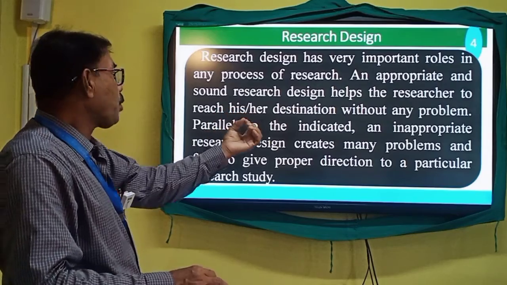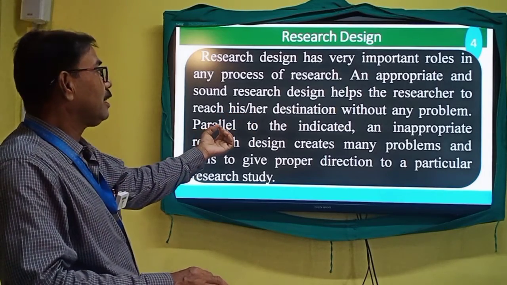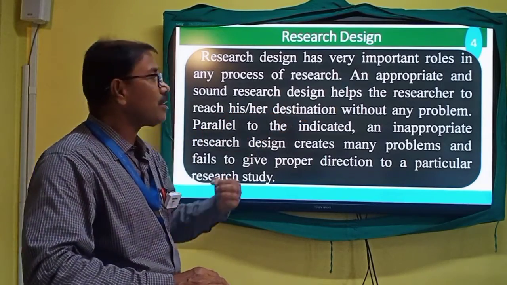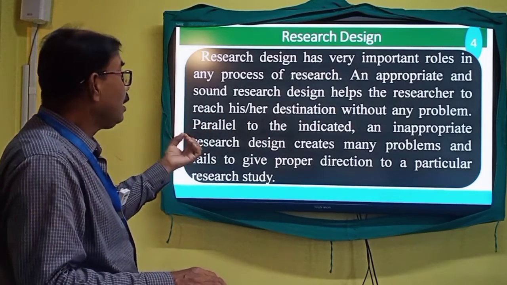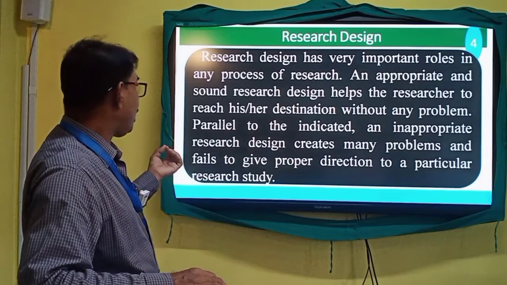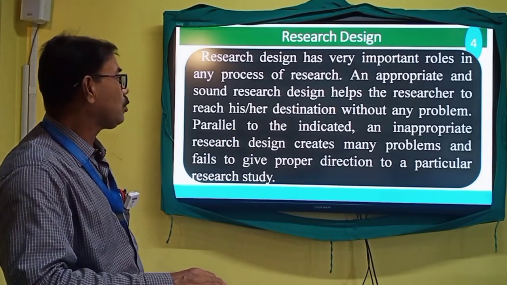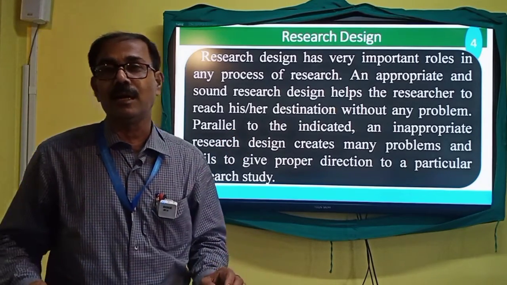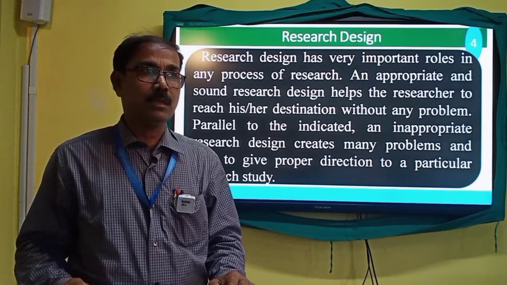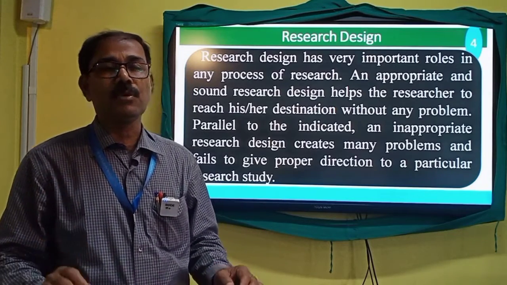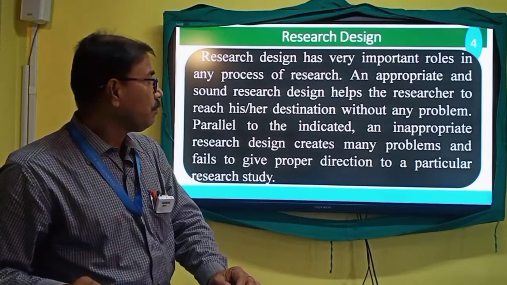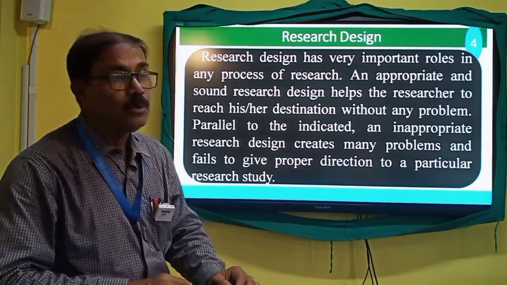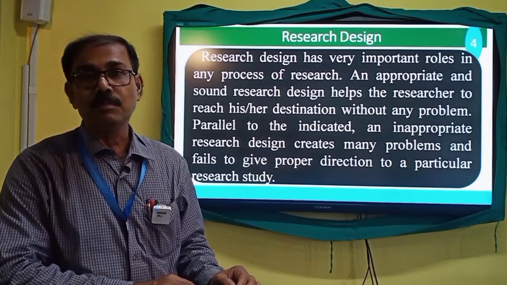An inappropriate, incorrect, unscientific research design creates many problems and fails to give proper direction to a particular research study. The researcher, during the time of his or her research work, is bound to face many problems or much trouble.